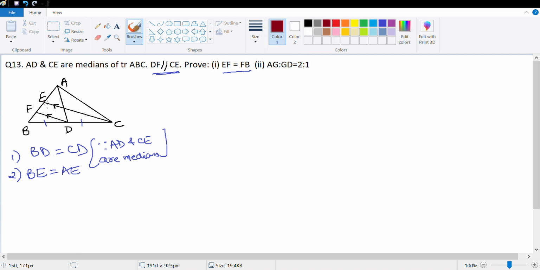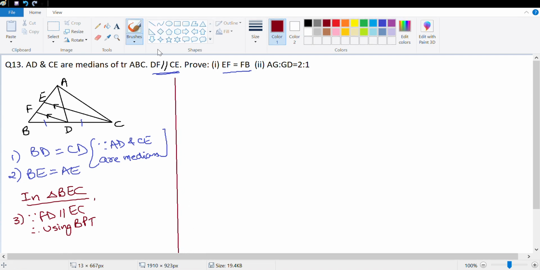So let's look at this triangle BEC in which FD is parallel to the base EC. In triangle BEC, number 3, since FD is parallel to EC, using the basic proportionality theorem, I get BF upon FE. I have very little space, so let me write it on the next line.